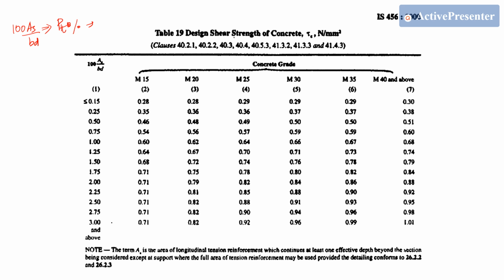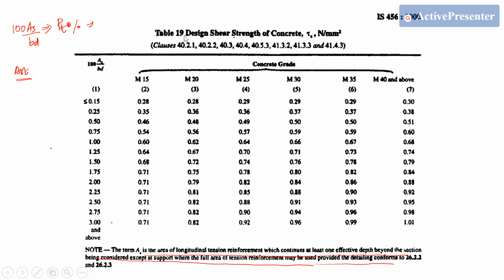This 100 AS, where the term AS is the area of longitudinal tension reinforcement which continues at least one effective depth beyond the section being considered, except at the support where the full area of tension reinforcement may be used provided the detailing conforms. So you just need to understand that AS is your AST, that is your area of steel under tension. I repeat, area of steel under tension. 100 AS by BD will give you the percentage of tension reinforcement.